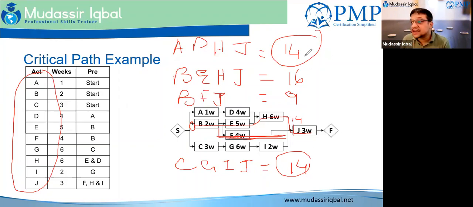So this is a near critical path. Think of a near critical path. You start A, then D. Now you know in A, D, H, and J, you cannot delay these activities because these are on the critical path.